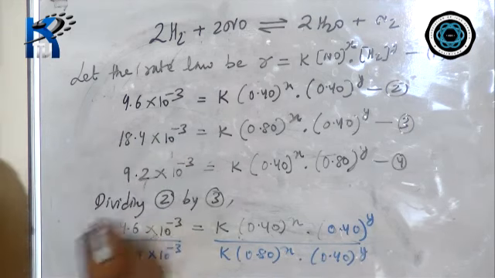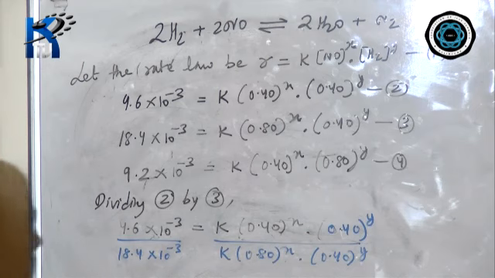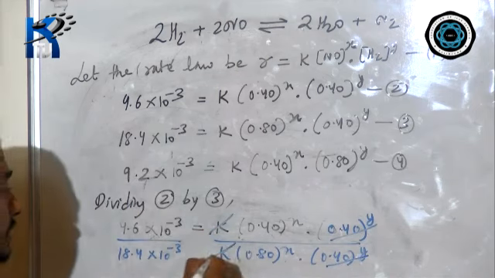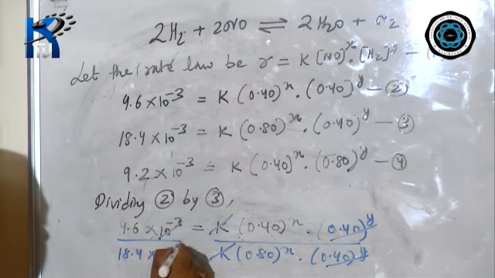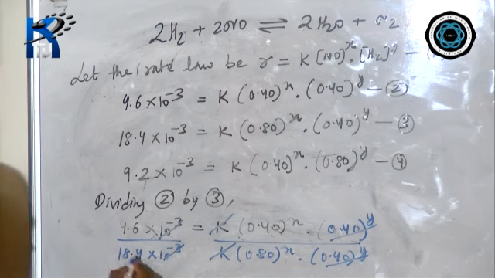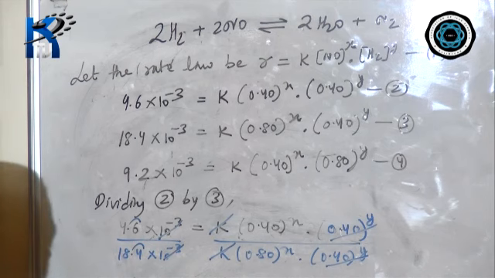I am dividing equation 2 by 3. If you see here, we can cancel the 0.40 to the power Y because the value is the same. Even K and 10⁻³ cancel. So what remains here is 4.6 by 18.4. But since they have one decimal point, remove it. So what we get here is 46 upon 184.